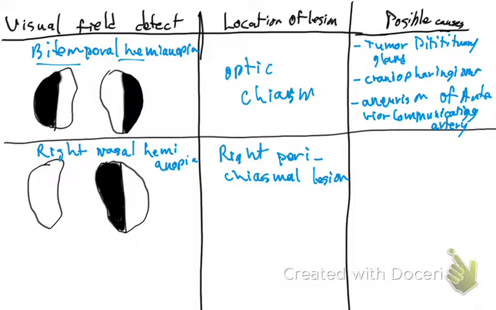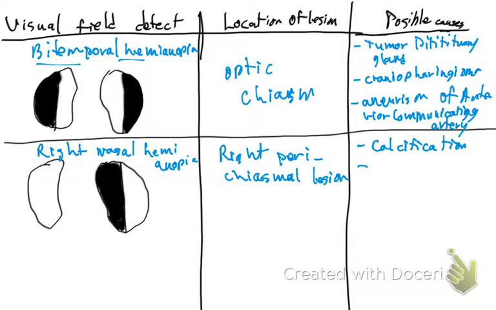Causing right nasal hemianopia. And what are the possible causes? Well, could be calcification, or aneurysm of the internal carotid artery. So that means anything that decreases the blood supply to this area.